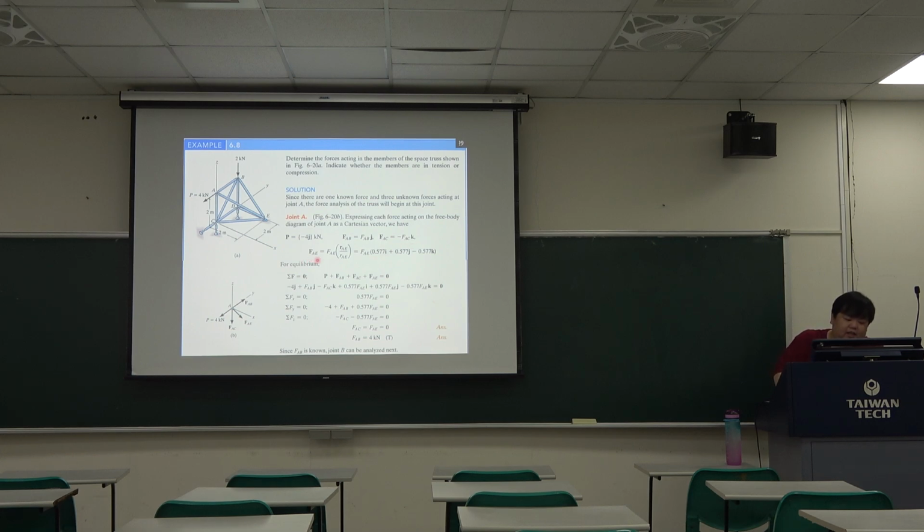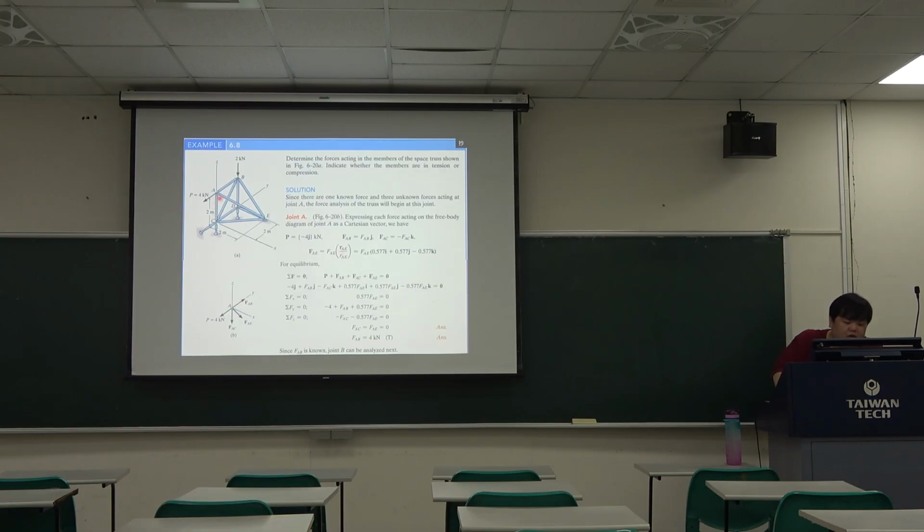And for FAE, we use the force value times the unit vector. The unit vector is just the vector divided by the distance.